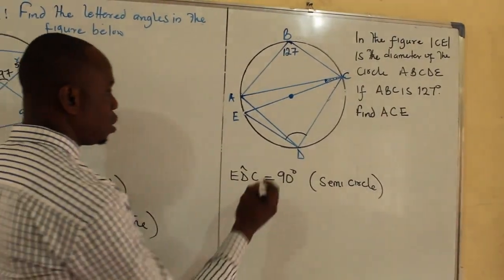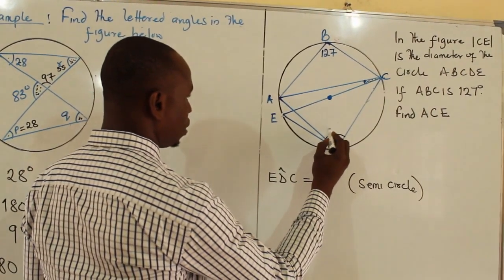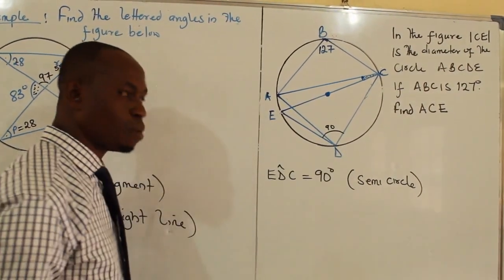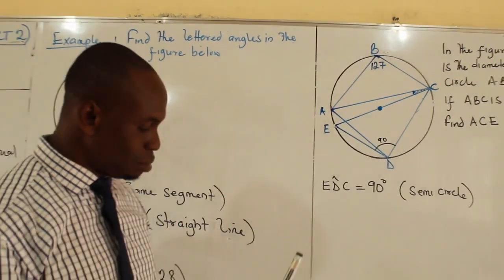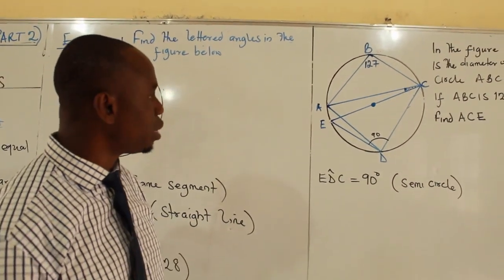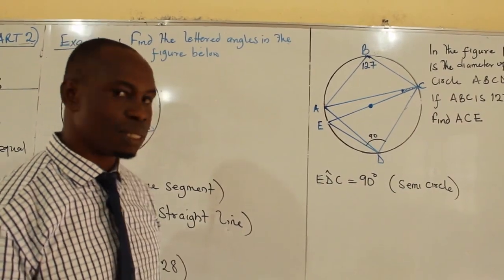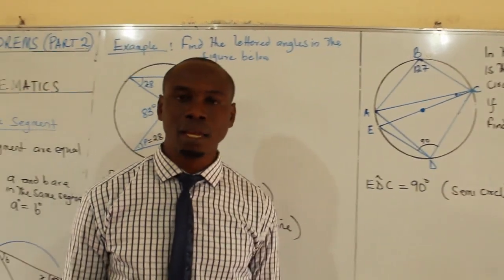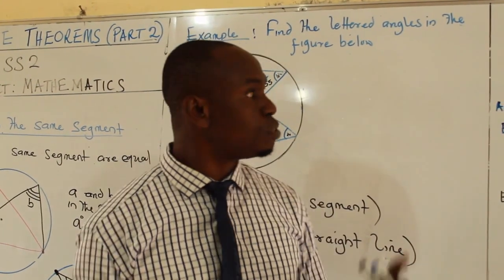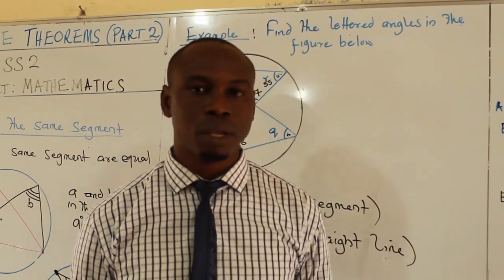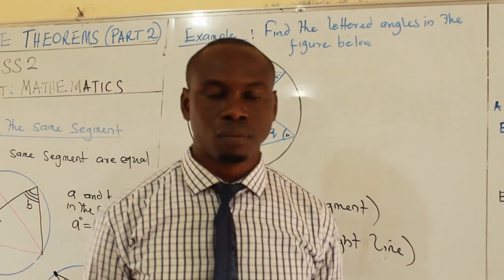Now that we know this part to be 90 degrees, there's something I still want you to notice in this question. There is still a cyclic quadrilateral in this diagram. We had said that a cyclic quadrilateral is a four-sided figure whose vertices touch the circumference of the circle.